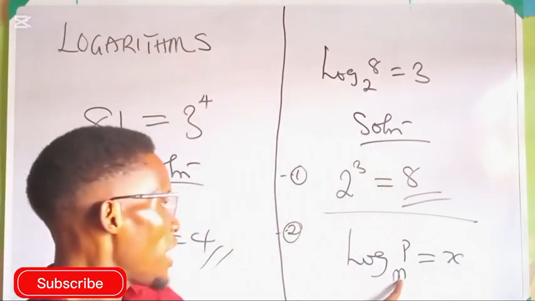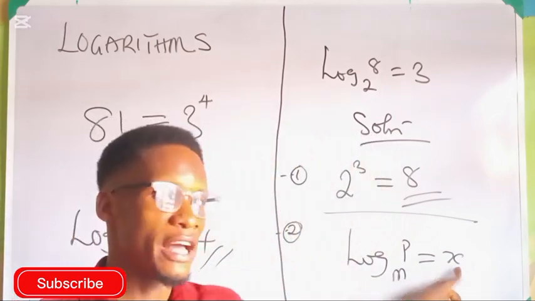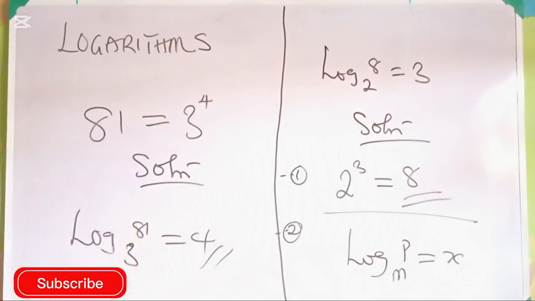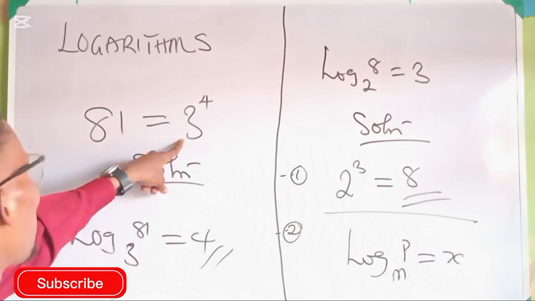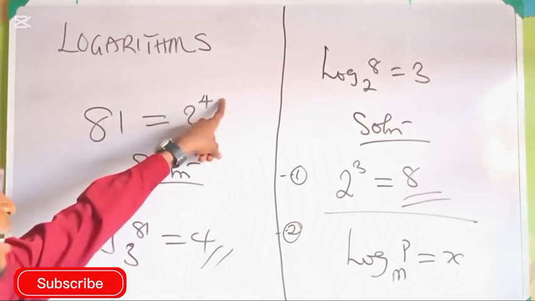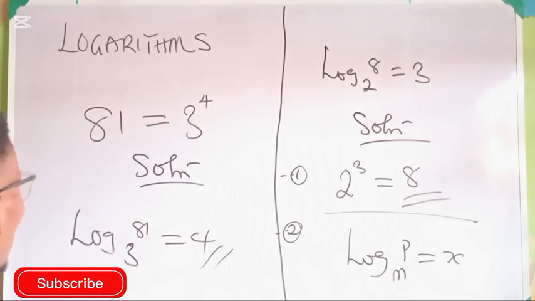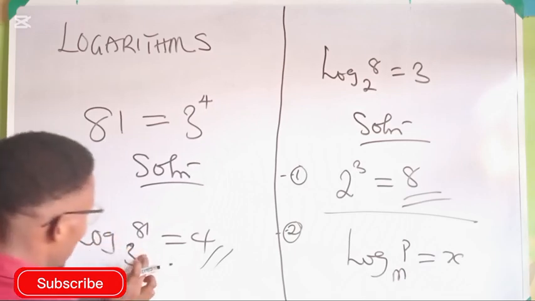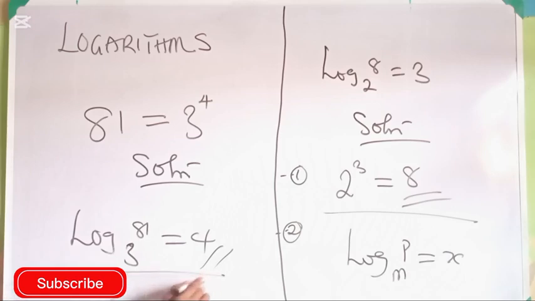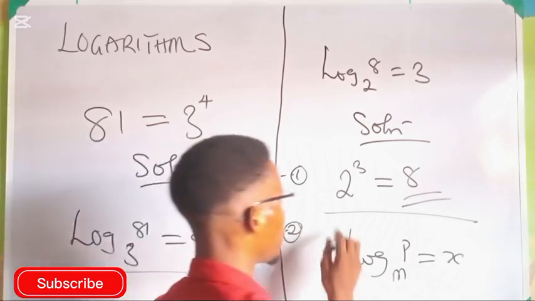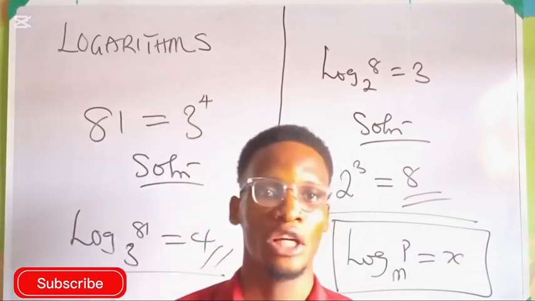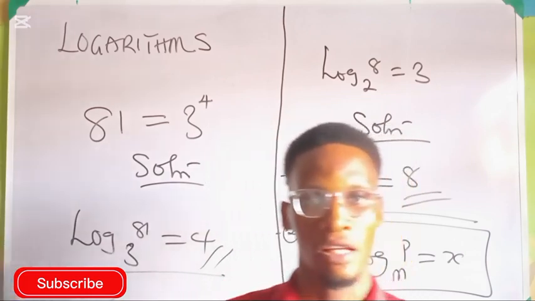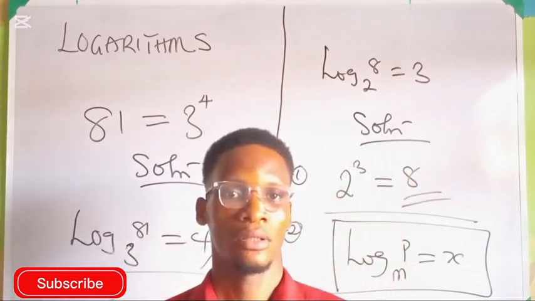That's when m is raised to the power of x, it gives us p. It means that when 3 is raised to the power of 4, it gives us 81. Do you understand? So that means that is how it's going to be. You just use this simple trick to solve when you are given an equation to change from the logarithmic form to index form, or either way.